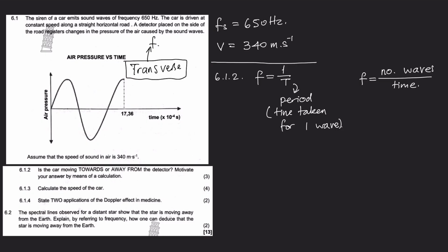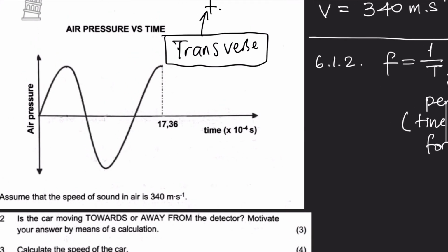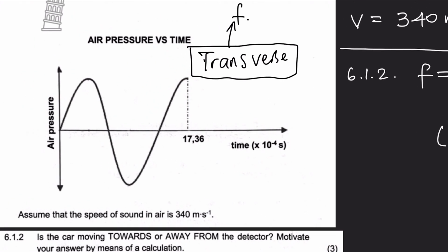So in this case, if you look at this diagram, how many waves are appearing here? From here to here, that's one wave. If we break it up, this is half a wave, that's half a wave. Now if we extend this to this point here, that's actually a quarter of a wave.